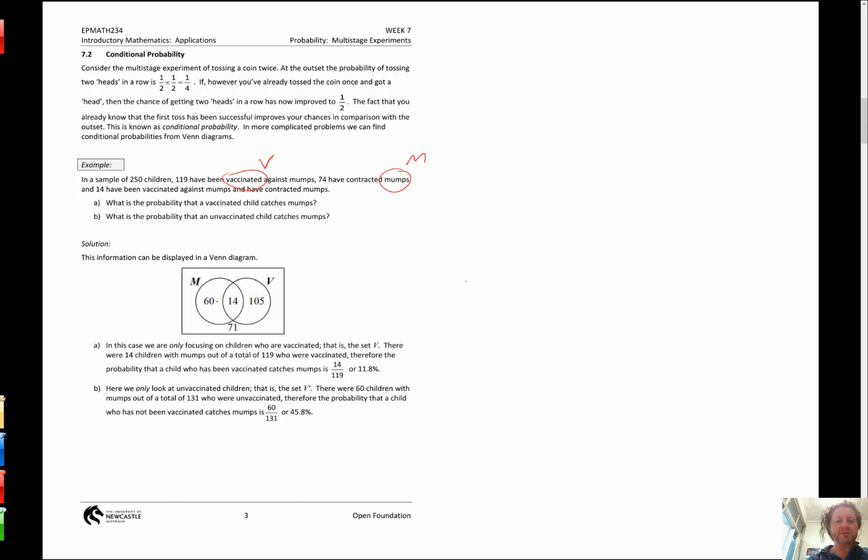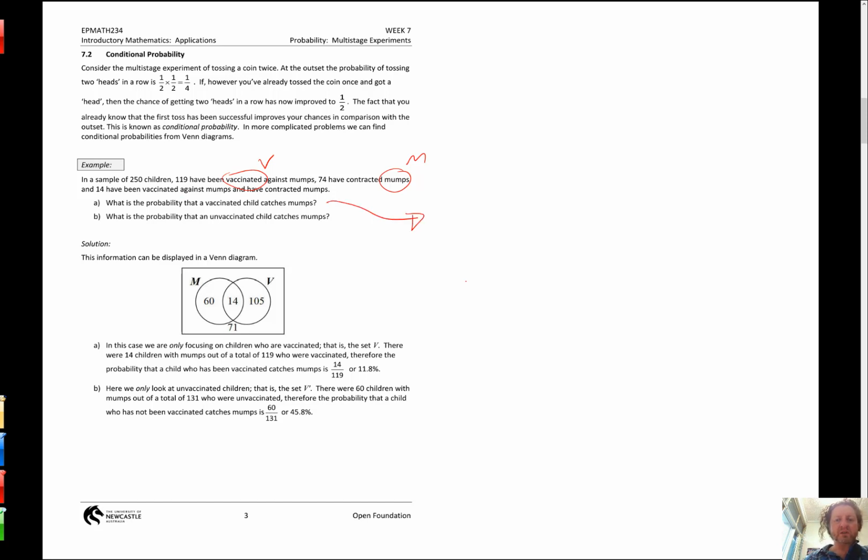My M circle, 60 plus 14, does contain 74 mumps people. And 14 have been vaccinated against mumps and did contract mumps. So the 14 in the middle are part of the V circle of vaccinated children, and they're also part of the M circle of children who got mumps. The 71 has been calculated by taking the total of this away from 250. Alright, love the Venn diagram.